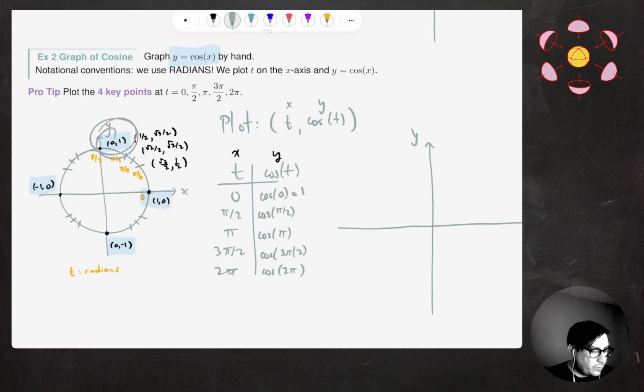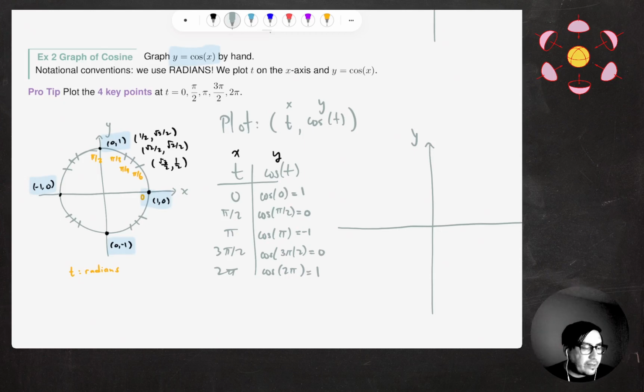Moving to the next point, cosine is now 0. Moving to our third point, cosine is the x-coordinate, -1. Next point, cosine of 3 pi over 2 is the x-coordinate, which is 0. And then the last point, we are back to where we started, and the x value is 1.